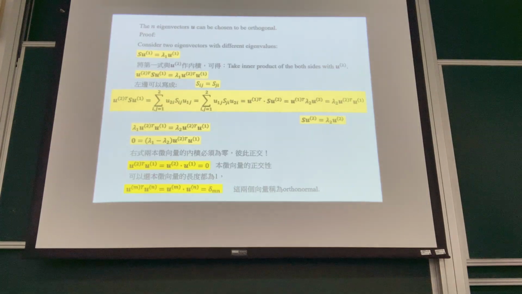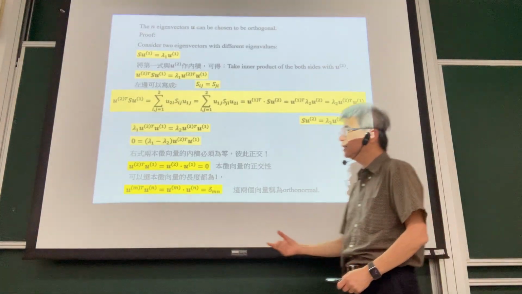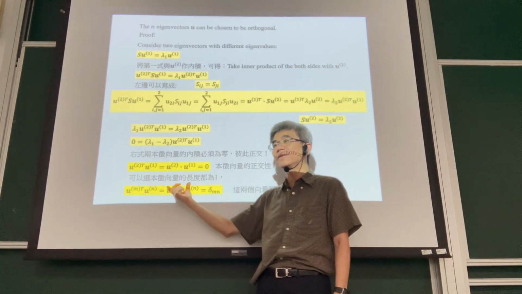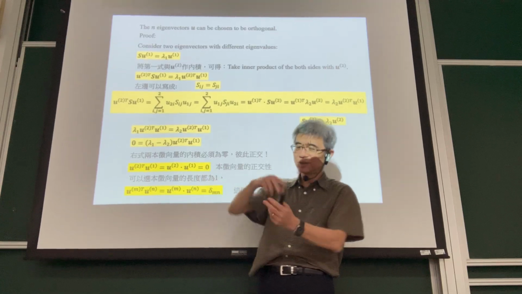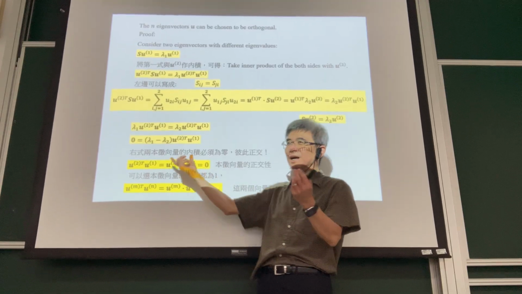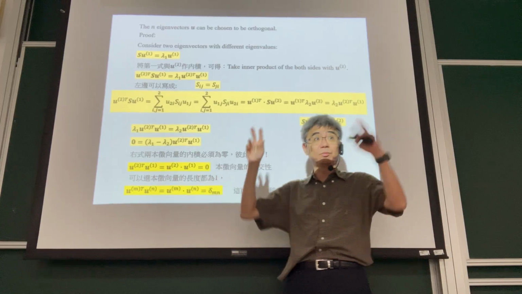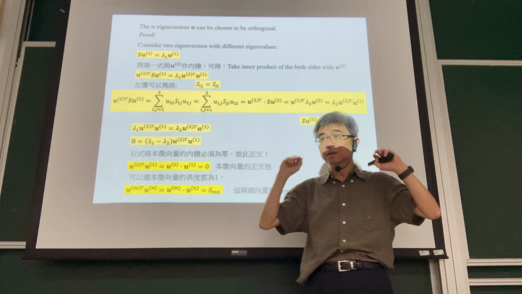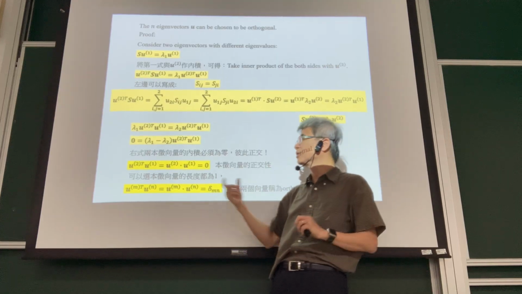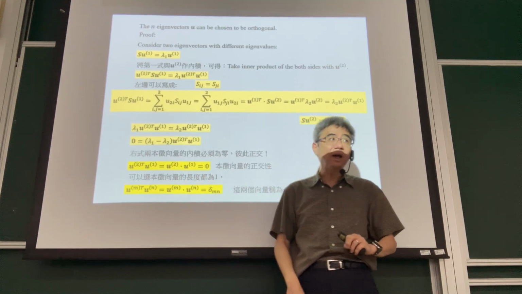Usually it is easiest to choose the eigenvector to be of length 1, because I said an eigenvector could only be determined up to a constant. So I can choose the constant so that the length is equal to 1.